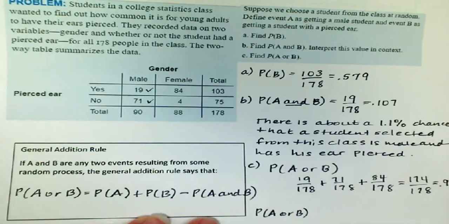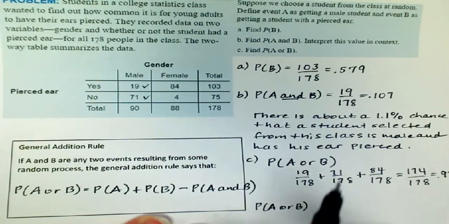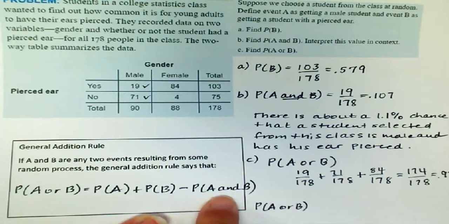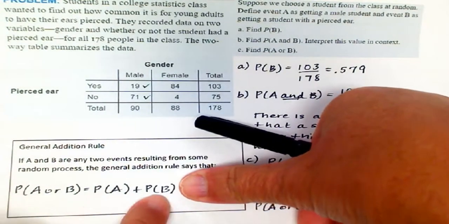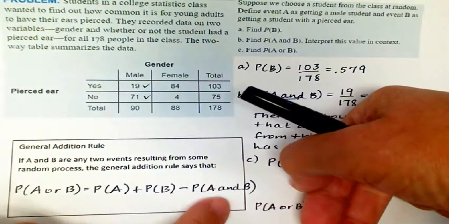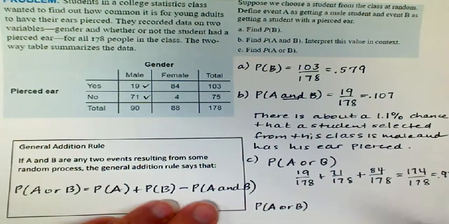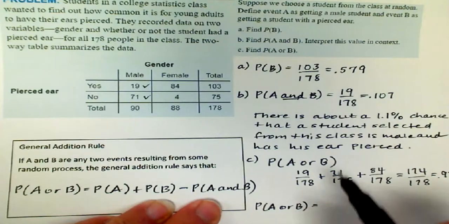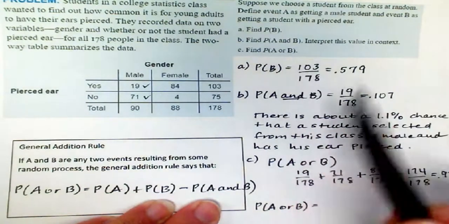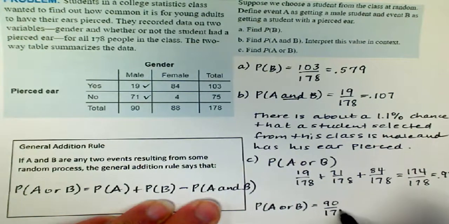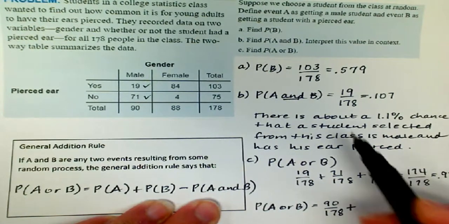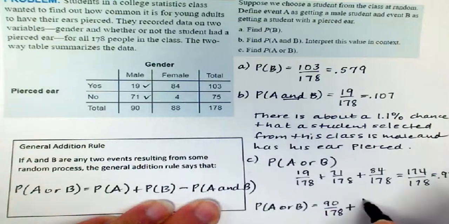Really, you can use this for mutually exclusive as well, but if they're mutually exclusive, the overlap is equal to 0. So that's why on mutually exclusive you just add the probability of A and the probability of B, because they can't occur at the same time, so that's 0. So the probability of A is, let's see, A was male. So that would be 90 out of 178 plus the probability that the ear is pierced, 103 out of 178.